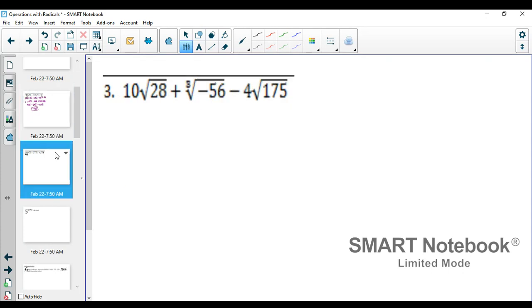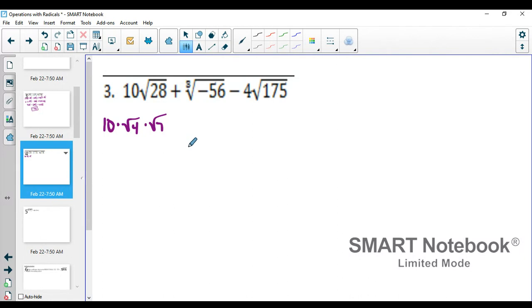All right, so for number 3, we have 10 times the square root of 28 plus the cube root of negative 56 minus 4 times the square root of 175. So we're going to simplify what we can. We have 10, and to simplify the square root of 28, we can use 4 and 7, so times the square root of 4 times the square root of 7.